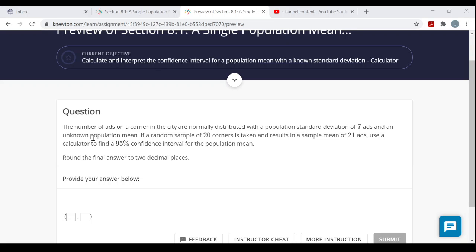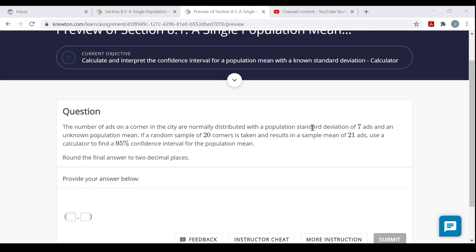So mu is unknown. And we use a confidence interval to guess what mu is with a certain amount of confidence. So if a random sample of 20 corners is taken and results in a sample mean of 21 ads, use a calculator to find a 95% confidence interval for the population mean and round your final answer to two decimal places. Alright, so you just have to pay attention to what's what here.